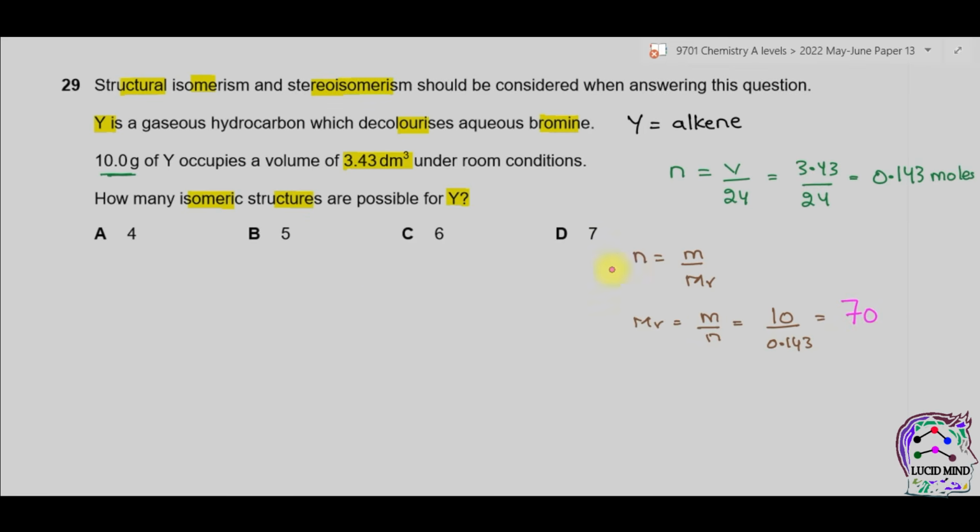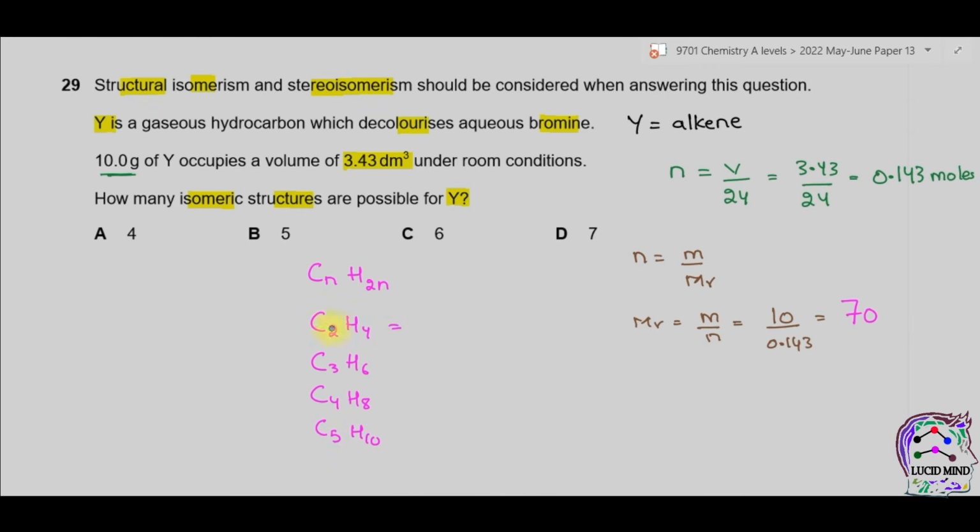So now let's see which alkene is making Mr equal to 70. We have different alkenes. For example, the general formula is CnH2n. So for 2 carbons we have 4 hydrogens, for 3 carbons we have 6 hydrogens, similarly 8 for 4 and 10 for 5.